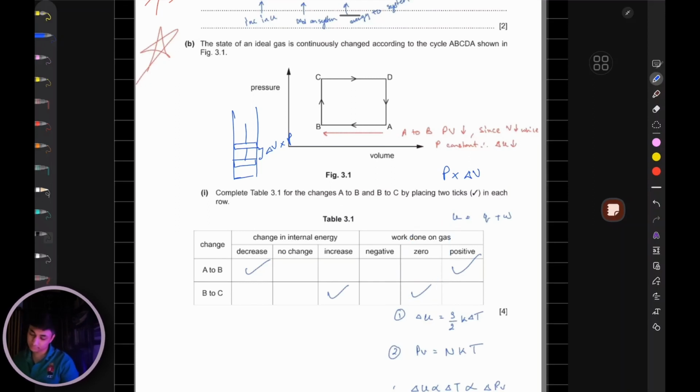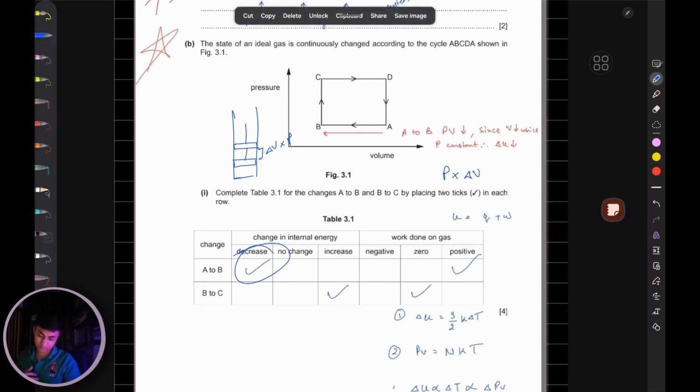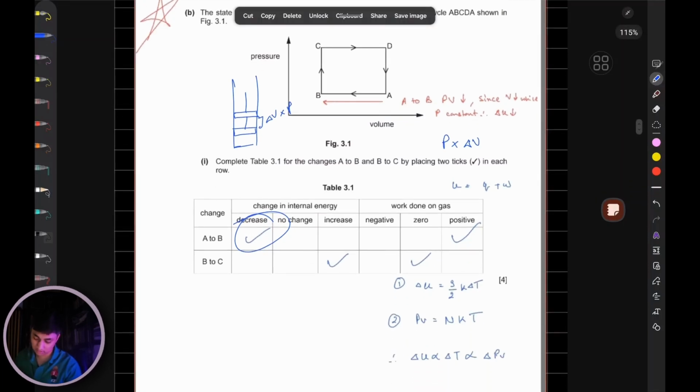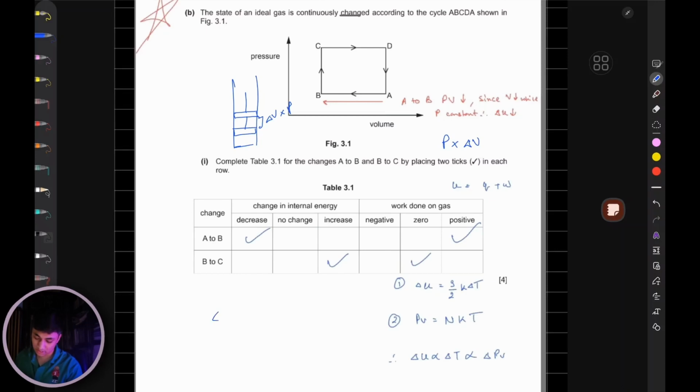Now, this is where most people got stuck. What's happening from A to B? What's happening to the internal energy from A to B? If I write the equation, then delta U is equal to Q plus work done.